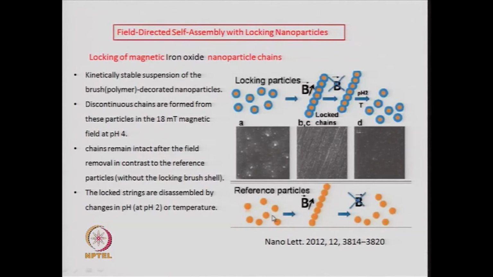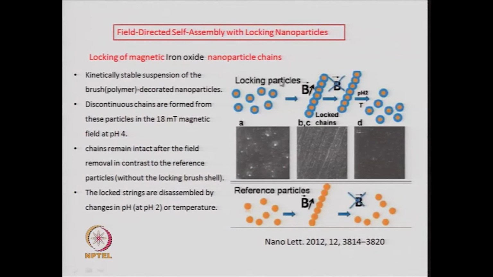So, from a disordered structure you got a linear chain like structure, and then you will get again a disordered structure if you remove the magnetic field. Now, if you want to permanently have the structure, then you have to lock the particles. So, what you do, you have a polymer on top of the particles.